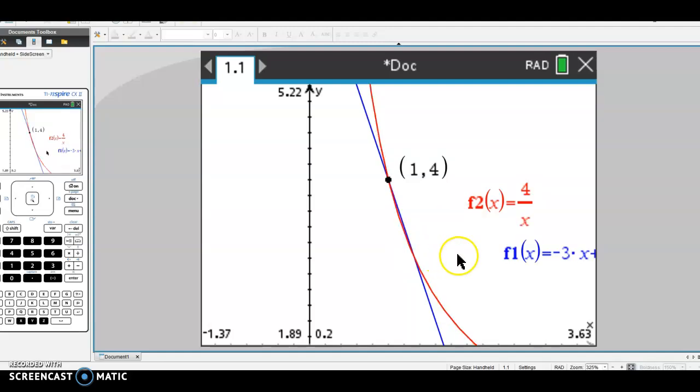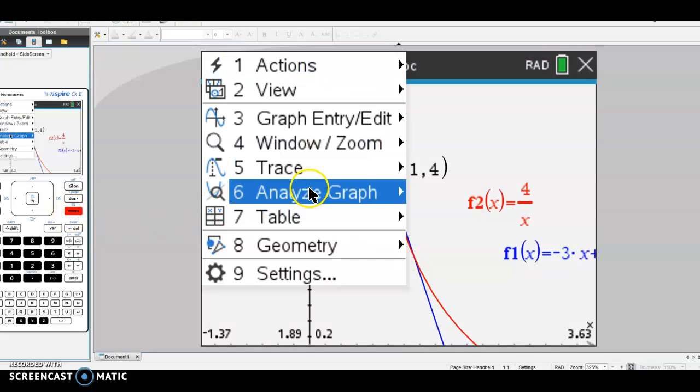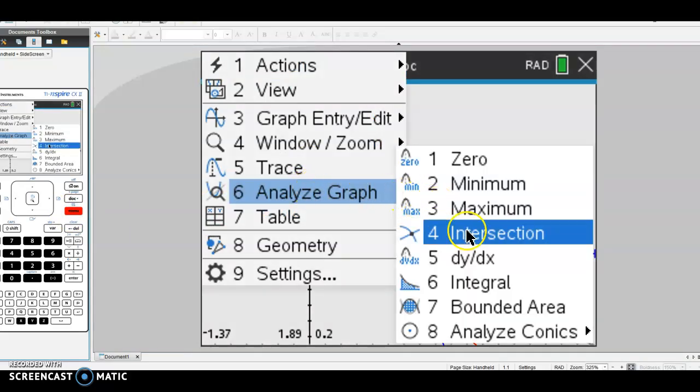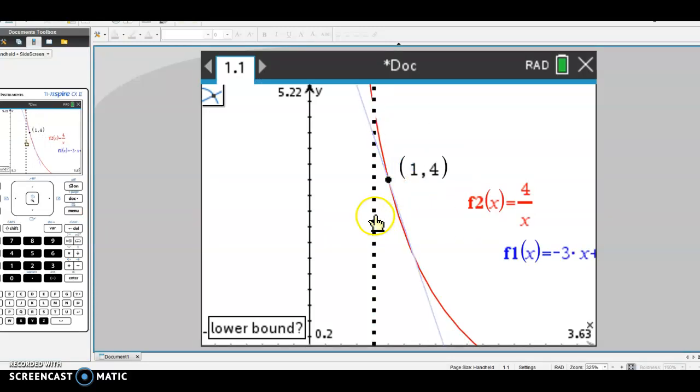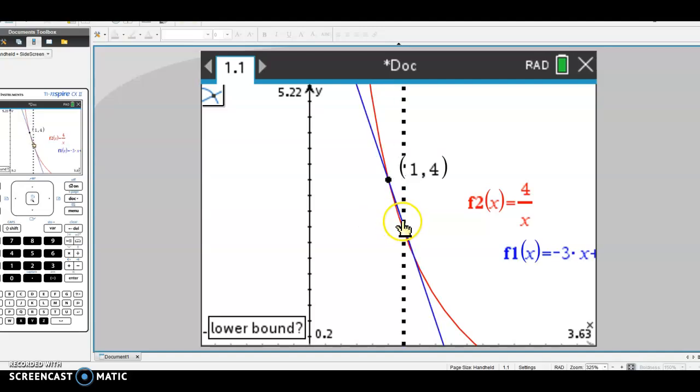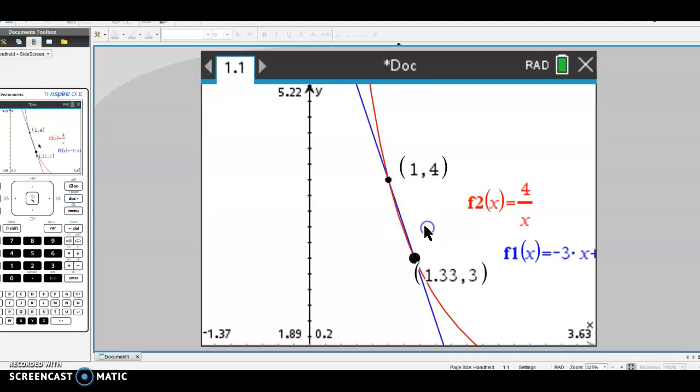Now to get this one, I'm going to do that process again. So Menu, Analyze Graph, Intersection. Now I can't start way over here on the left because it's going to keep giving me 1, 4. So what I need to do is start on the right side of 1, 4, but the left side of where I am, so somewhere over here, and then click and drag down here, and then I'm going to see my other ordered pair at 1.33, 3.